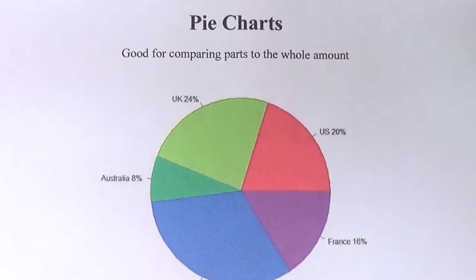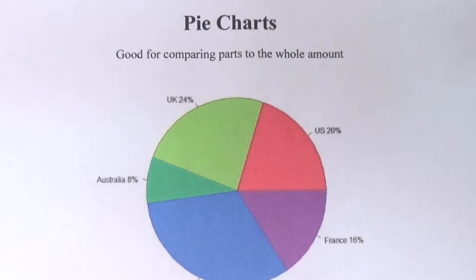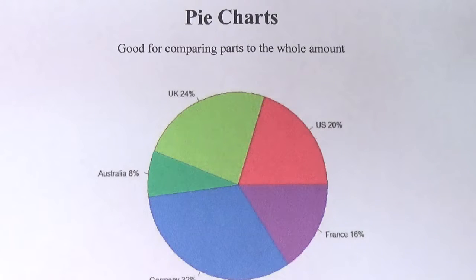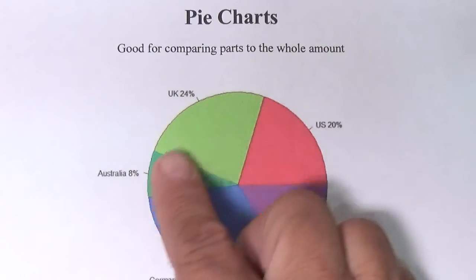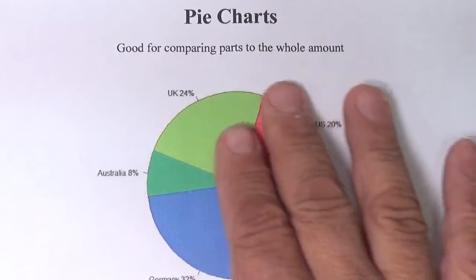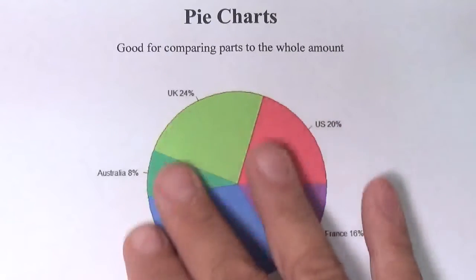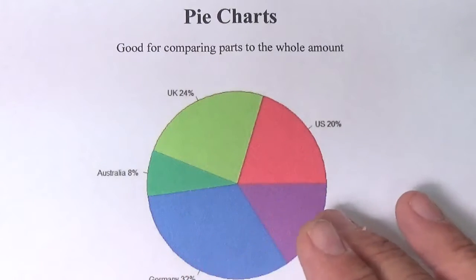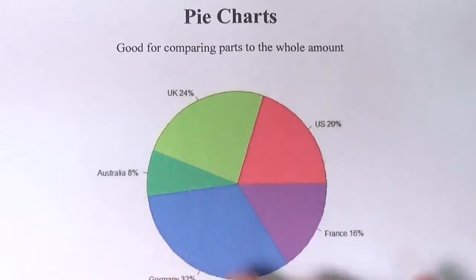Some folks call these circle graphs, but the pie chart is kind of the classic name. And what it's good for is to show you how each part is in size relative to the whole. This could be your whole expenditure that you have here, and each of the slices represents how much was spent on different parts.